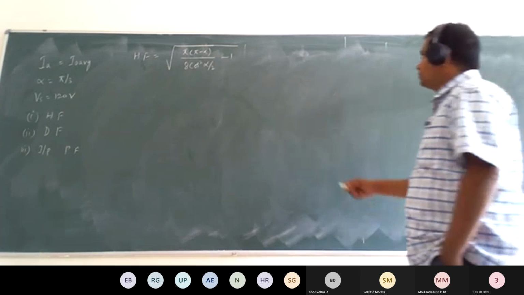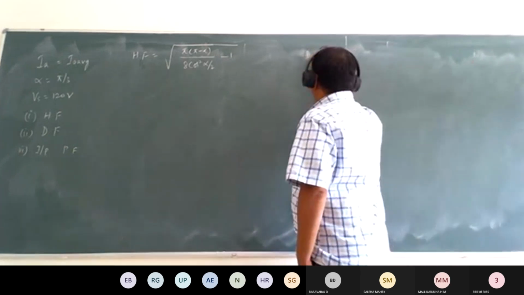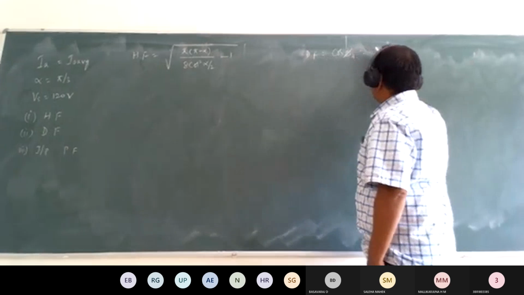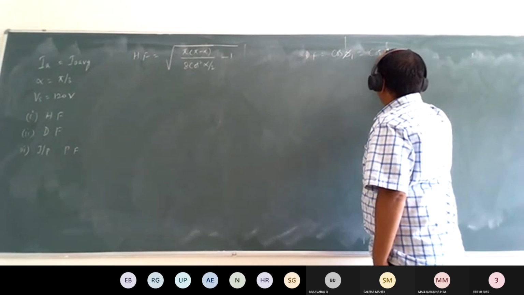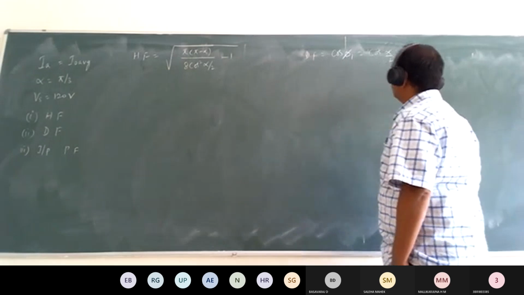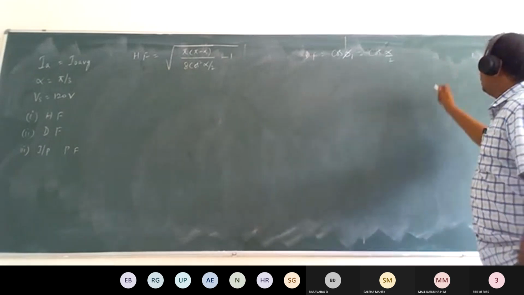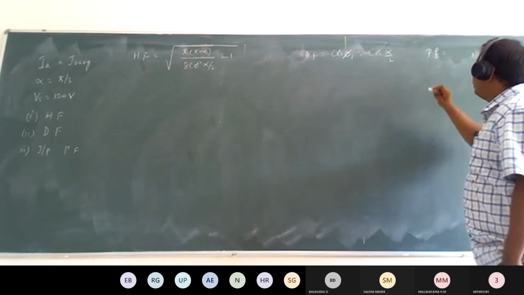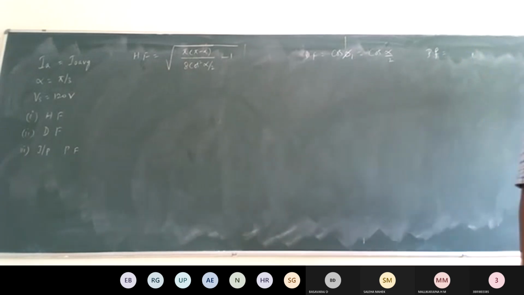Similarly, you have displacement factor. DF is equal to cos of phi 1, which is equal to cos of alpha by 2. Similarly, you have power factor. What is the formula for power factor?